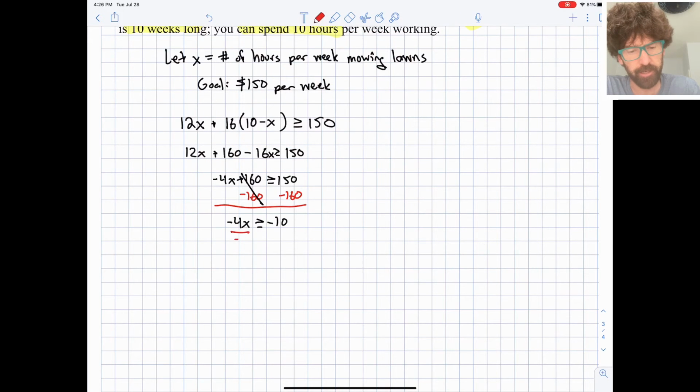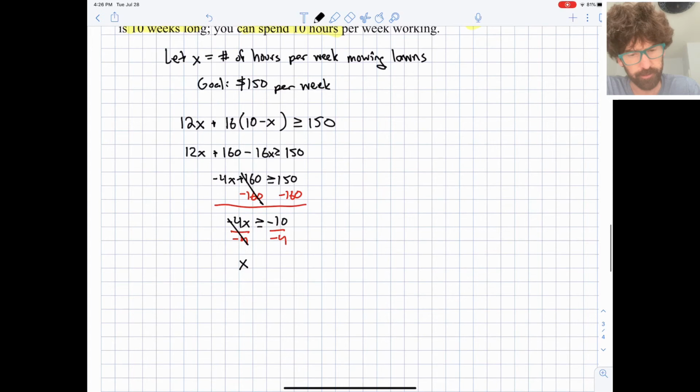And I can divide by negative 4. Negative 4's cancel. And x, we just divided by a negative, so let's flip the sign. Greater than or equal to is going to flip to a less than or equal to 2.5. Okay, so let's think about what that means.